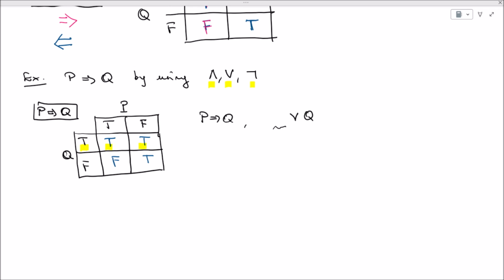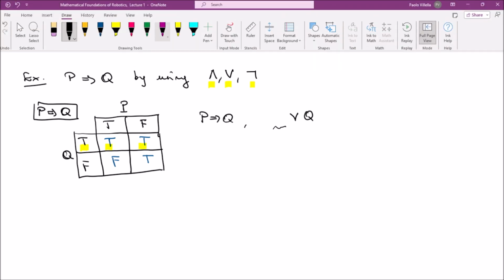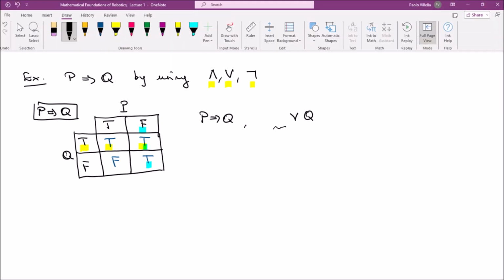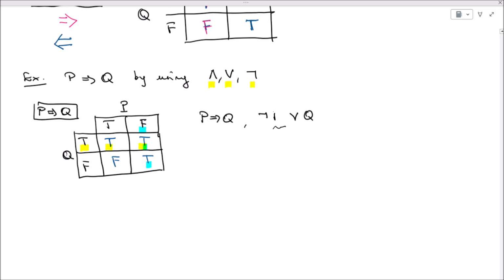However, let's also look back to the table, and we realize that for example, when P is false, the implication turns out to be true no matter what Q is going to be. So we can say that if we put not P here, this seems to be a good way of representing just the same table.